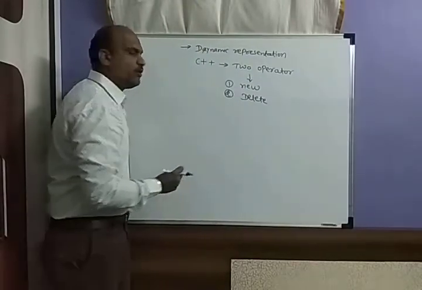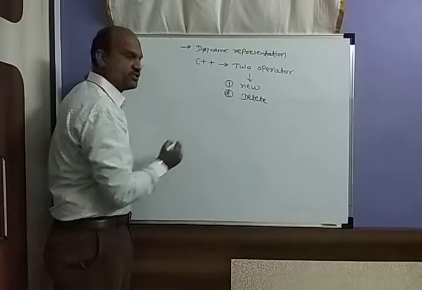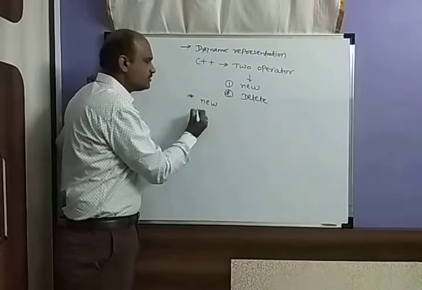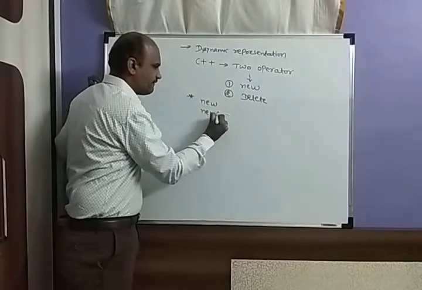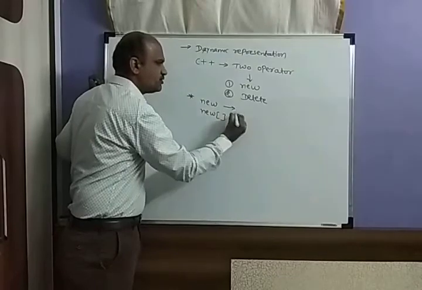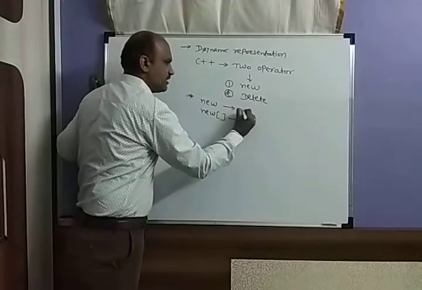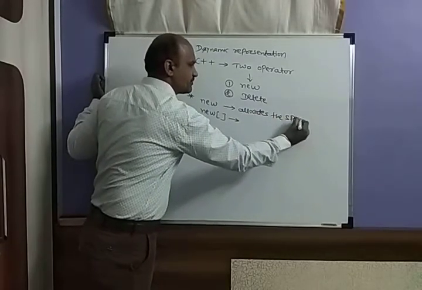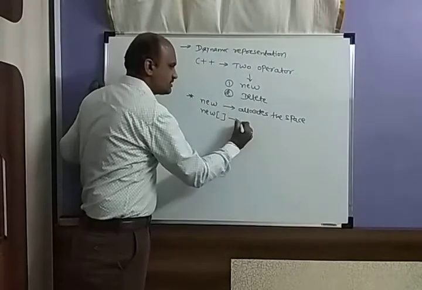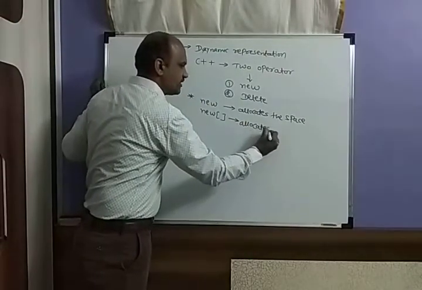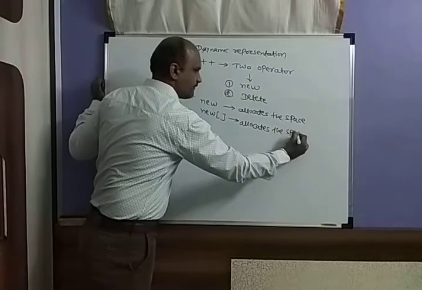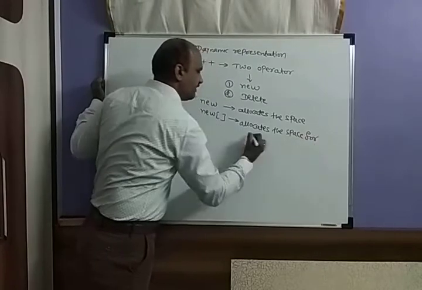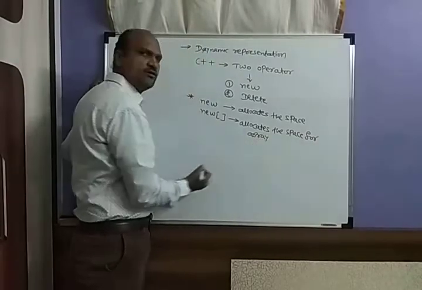Here is how exactly the new and delete operators are used. The new operator is used in one way as this one, and another way with the array. New allocates the space for a single element. With the array, it allocates space for the number of elements, more elements.